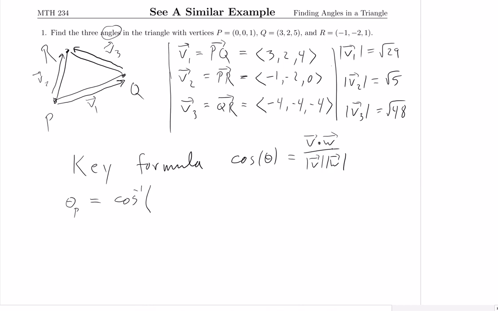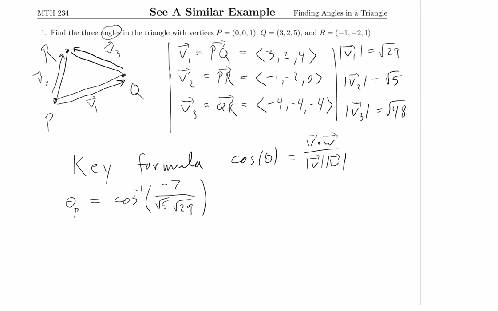And for v and w, again, we'll use V1 and V2 for the angle at P. So on top we have the dot product, which you can see is -7. And then divided by the product of their lengths, so the length of V1 times the length of V2, so square root of 5 times square root of 29. And this doesn't look like it comes out to anything nice. It's not like pi over 2 or pi over 3 or something, so we'll just leave it like this.